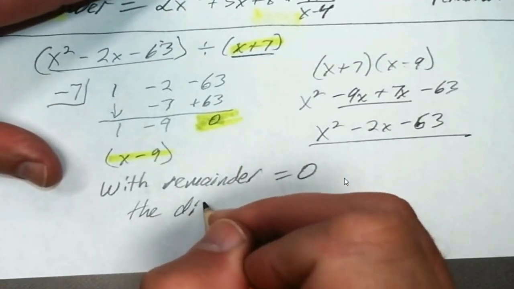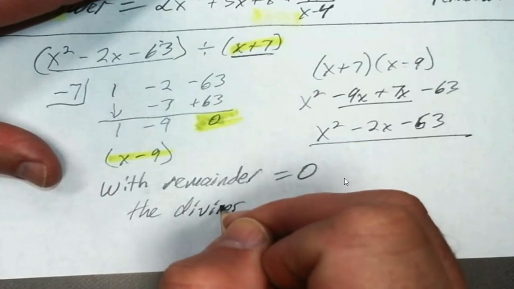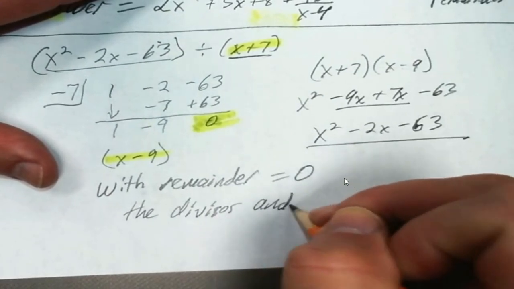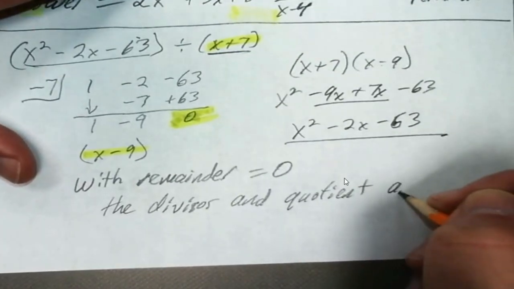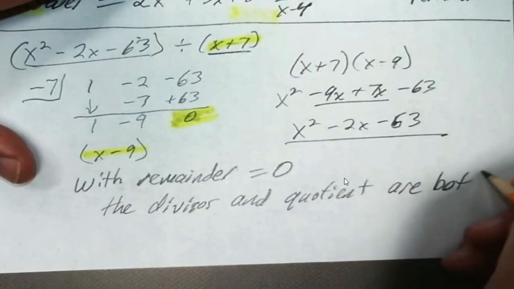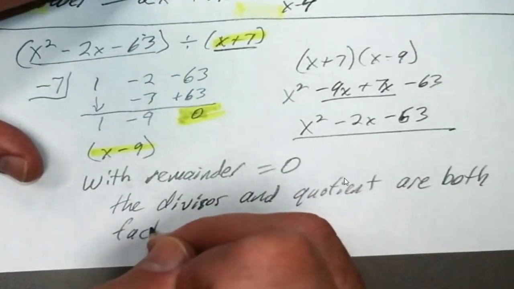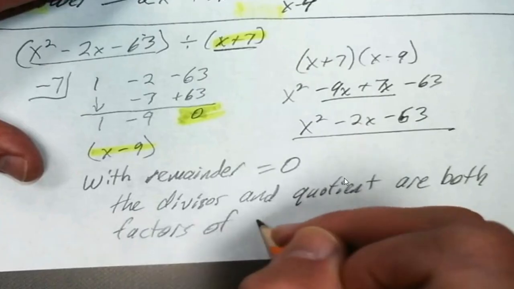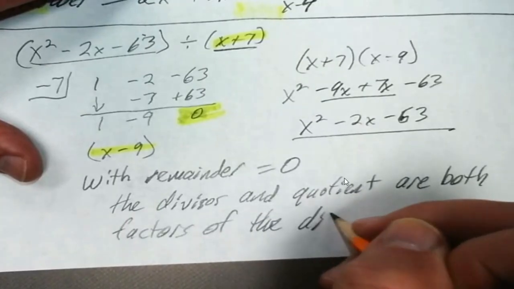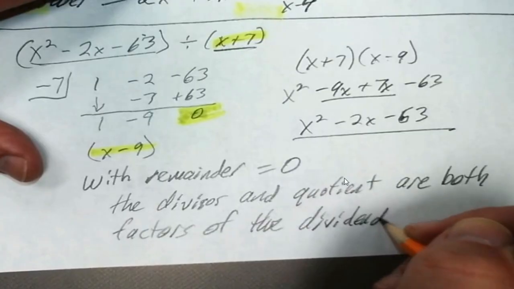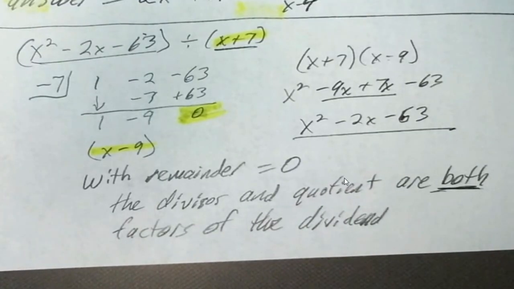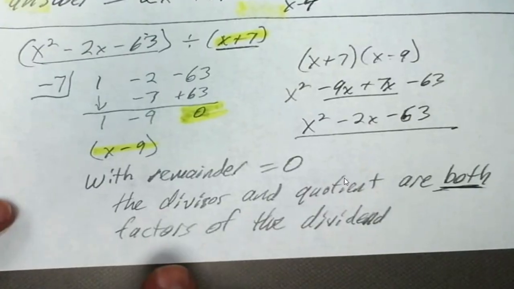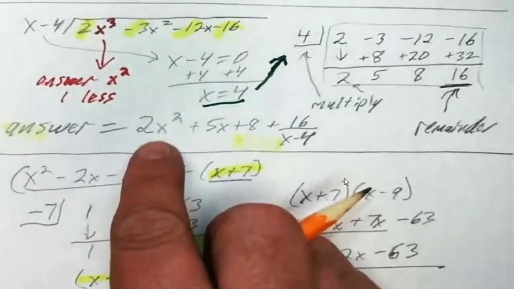The divisor and quotient are both factors of the dividend. Those are both factors. Now, we could end up with something like 2x squared plus 5x plus 8.